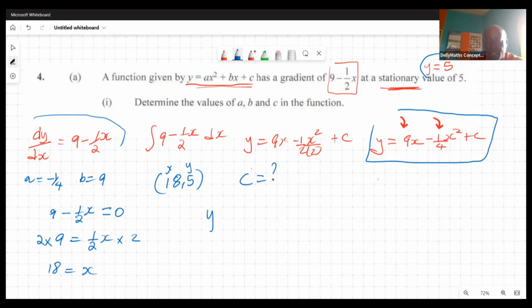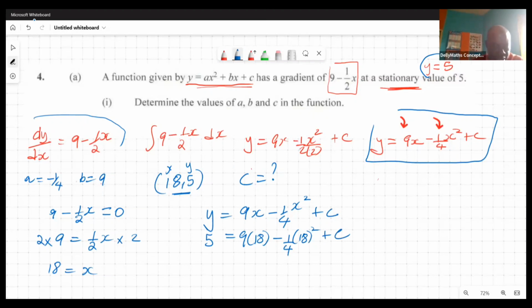We're going to take y equal to 9x minus 1/4 x squared plus c, and substitute this point. x is 18 and y is 5. So we're going to say 5 is going to equal 9 times 18 minus 1/4 times 18 squared plus c.